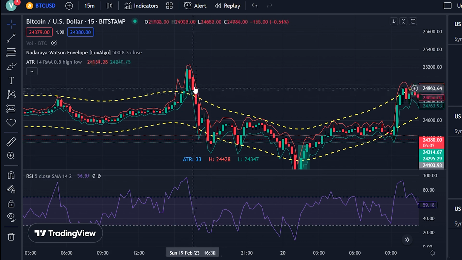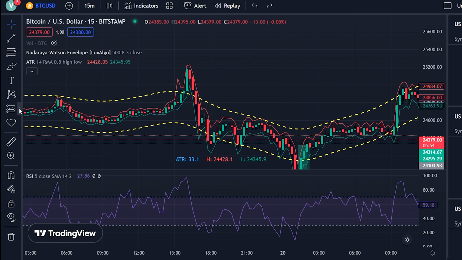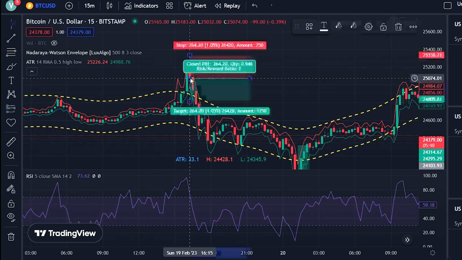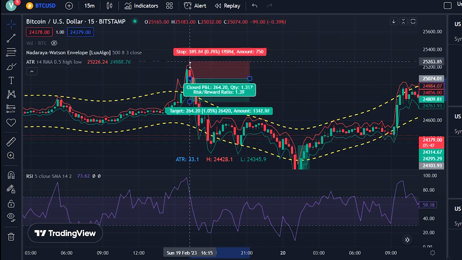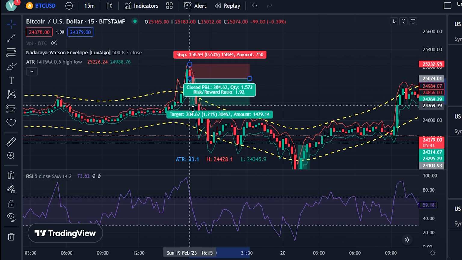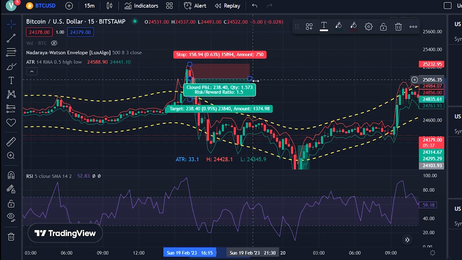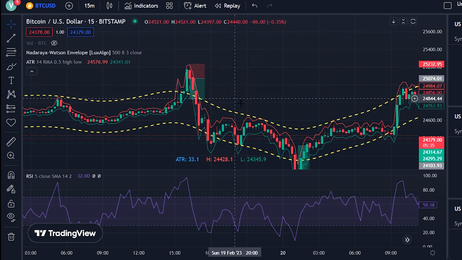So if you were to get in here, put your stop loss at the ATR line, 1 to 1.5, and this would have hit take profit right there.